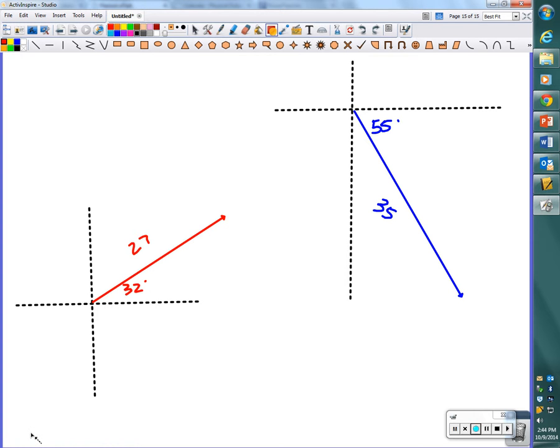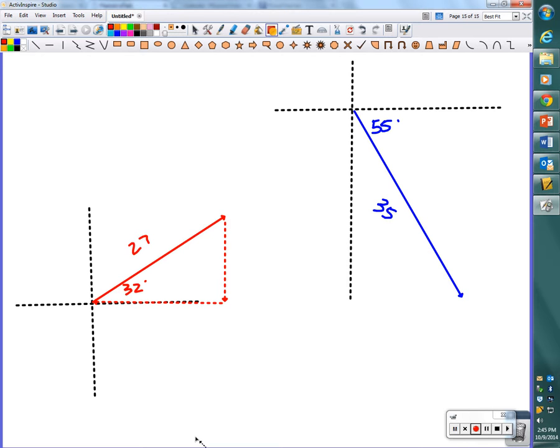Components always run along the x-axis and the y-axis to ultimately make up the vector that we're dealing with. So here, this would be my x component of A, and this is my y component of A.